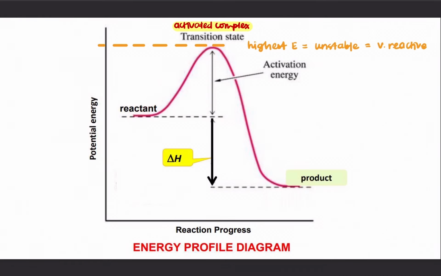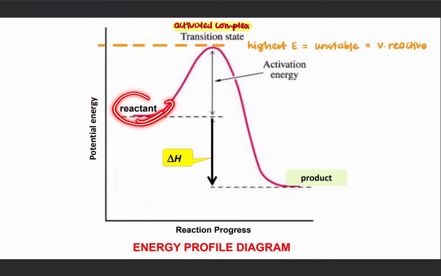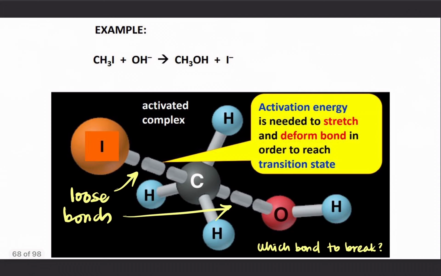Your reactant will form your activated complex, and then up here it is like fight or flight, whether or not your activated complex will become product. If it becomes product, it will become product. If not, it goes from reactant to activated complex, and then it will go back to becoming a reactant. So that is your activated complex.